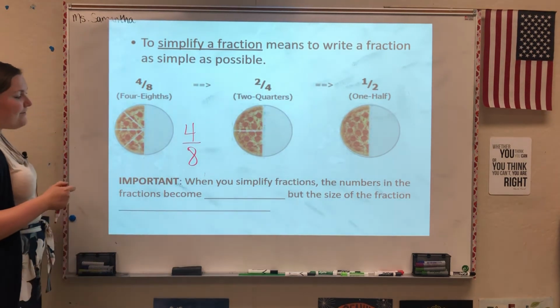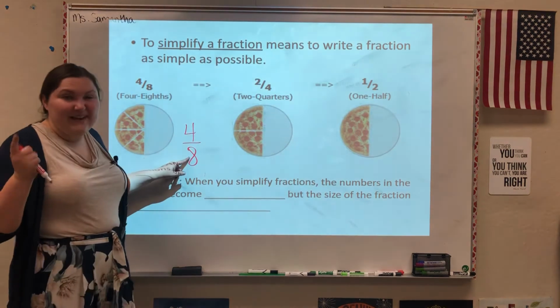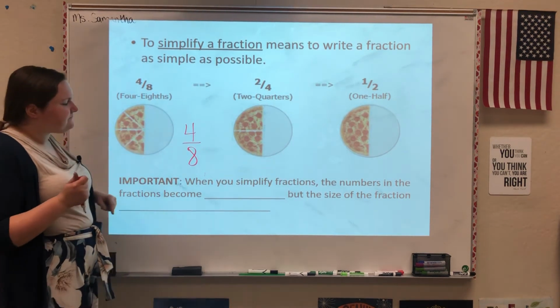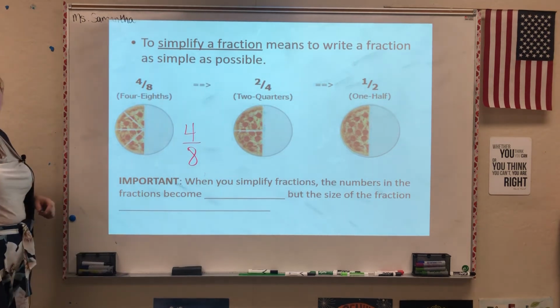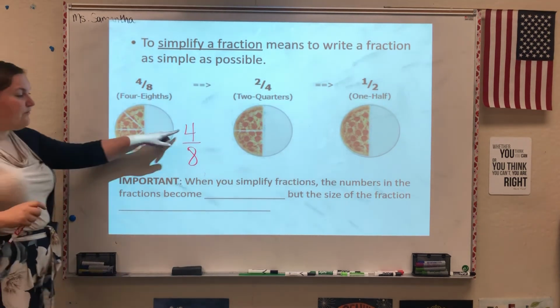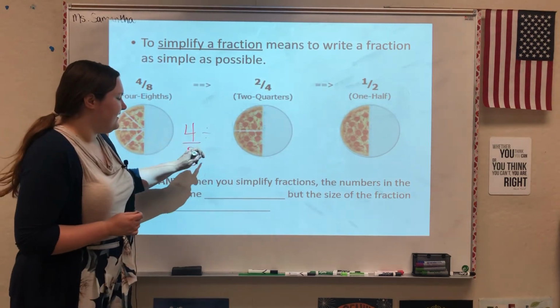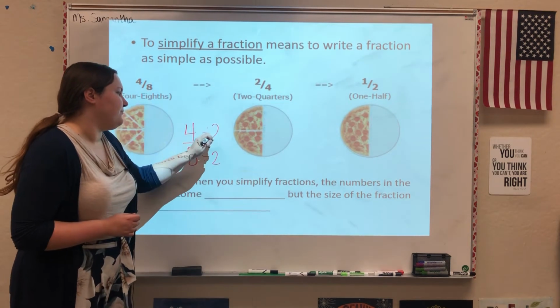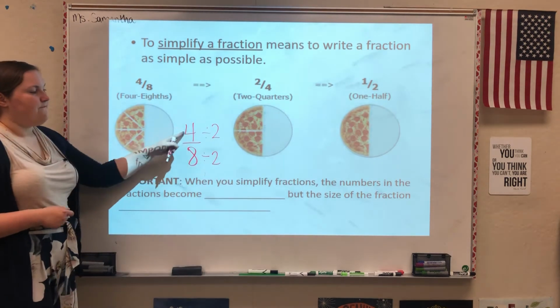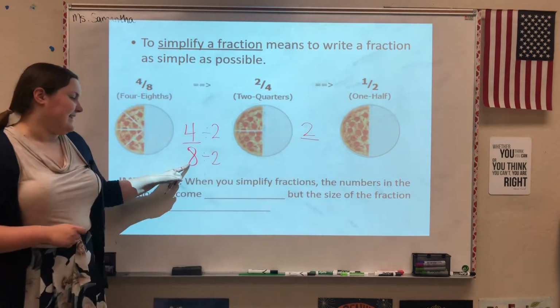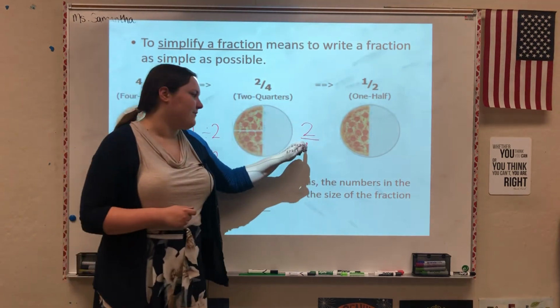So if I'm looking at those, I know 8, I can divide 8 by 8, but I can't divide 4 by 8, so it's got to be the same. I look at 4 and 8, maybe I notice both 4 and 8 you can divide by 2. Awesome, let's do that. Let's divide both of those numbers by 2. If we do that, 4 divided by 2 is 2, and 8 divided by 2 is 4.